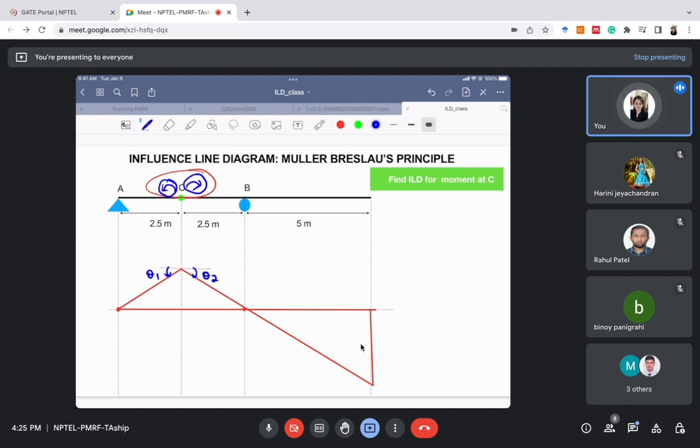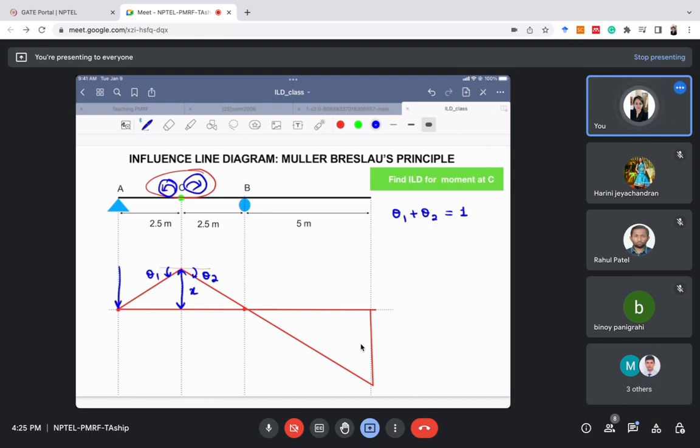What is the condition here? Theta 1 plus theta 2 should be equal to 1. If we need to calculate the ordinates as well, let's call it x. So for theta 1, tan theta is perpendicular upon base.